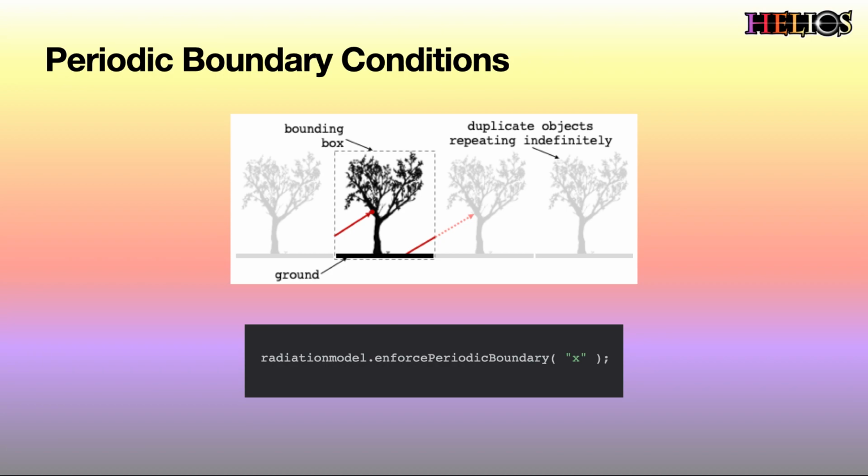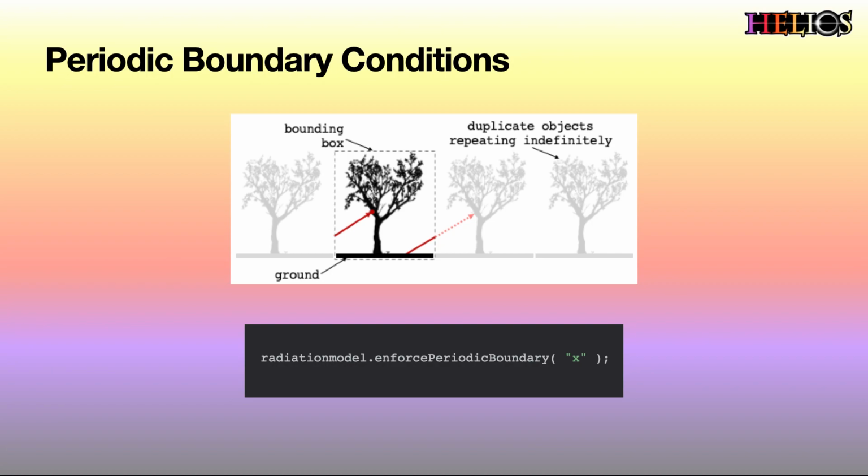We can think about this like drawing a bounding box that encapsulates all of the elements within our simulated domain. And then when we launch those rays, which originate from inside that box because we're using backward ray tracing, if that hits a periodic boundary, then it will just recycle it back to the other side of the bounding box and then continue on.